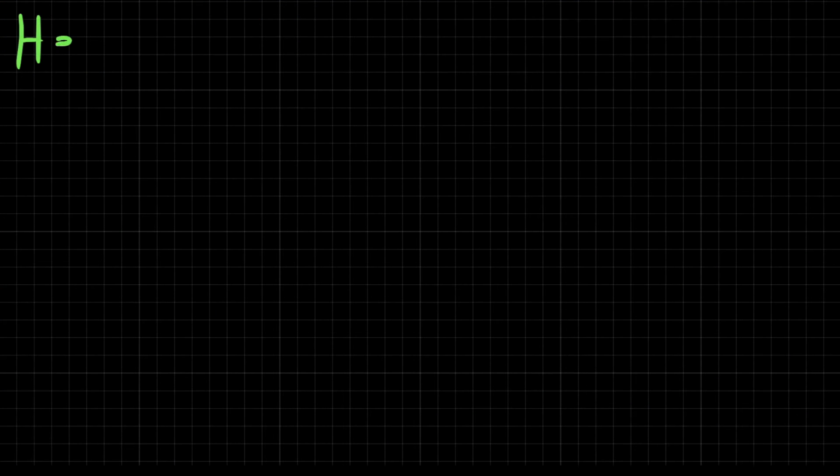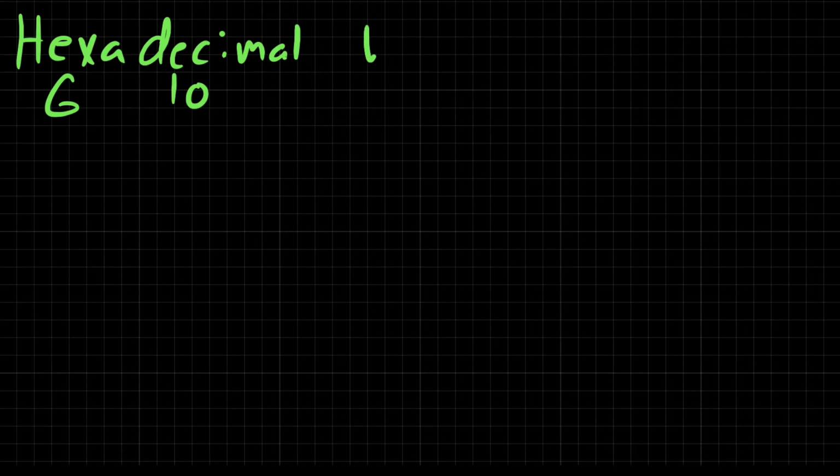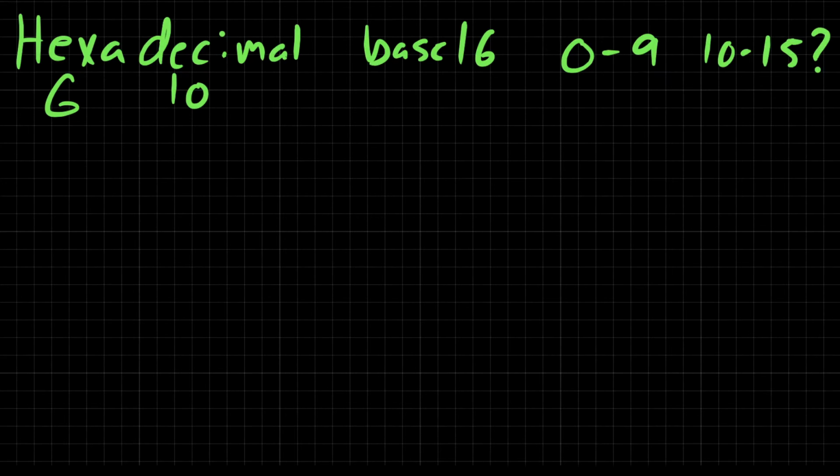All right, the hexadecimal number system. Hexa meaning 6 and deci meaning 10 gives us the name for the base 16 number system that we will be learning about today, and that uses digits 0 through 9 and has an interesting problem now for digits 10 through 15. What do we use?